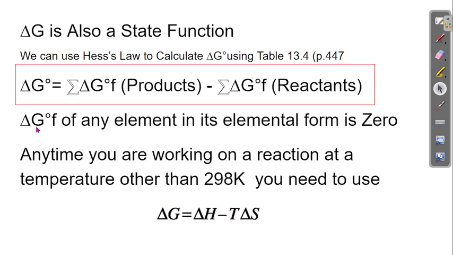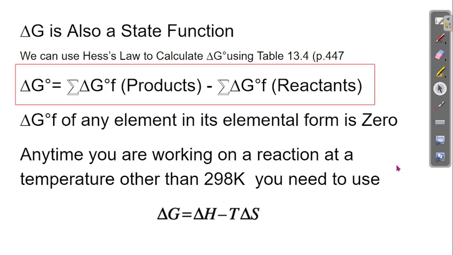And this is also other things you need to memorize. If we're looking at the change of Gibbs free energy of formation at standard conditions, of any element in its elemental form is 0. So we can disregard elements.